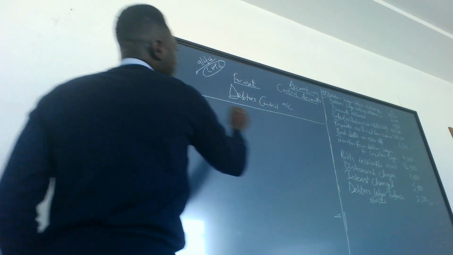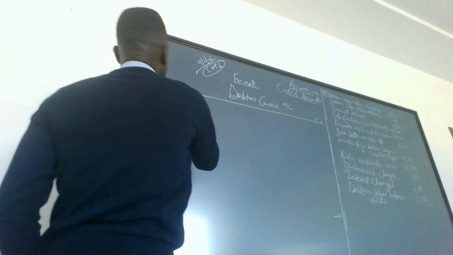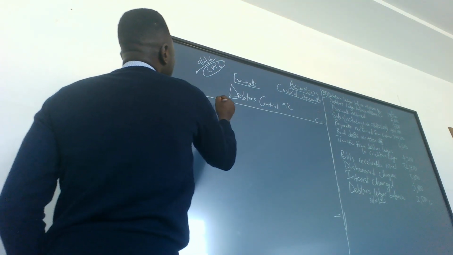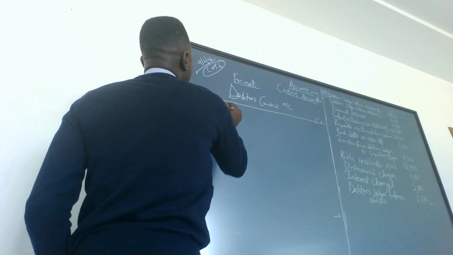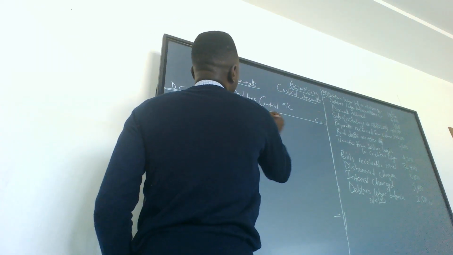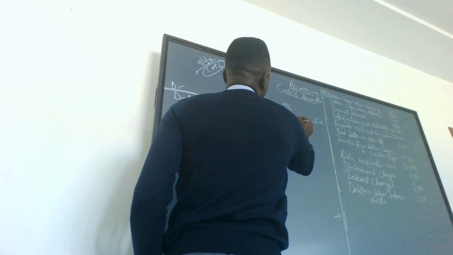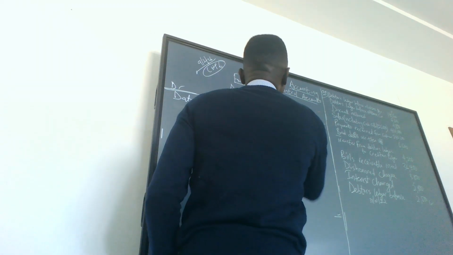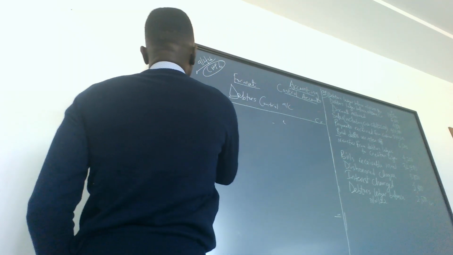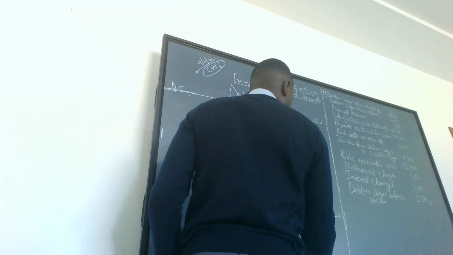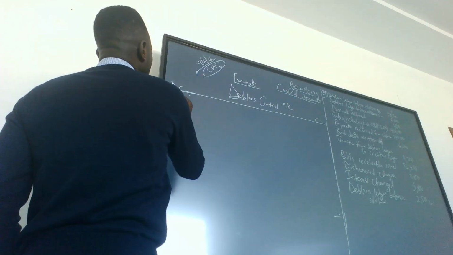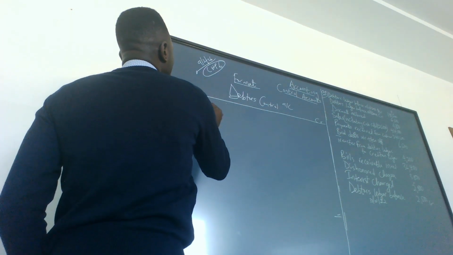We have the debit side, the credit side, date, details, amount, date. It's so small. Let's put it in here. Date.